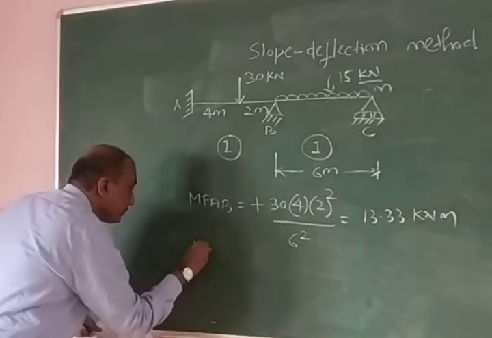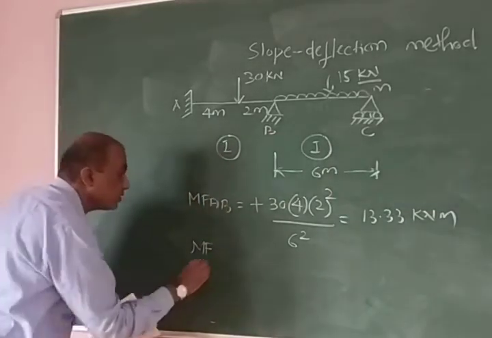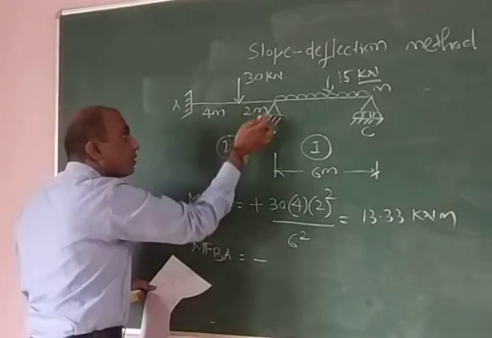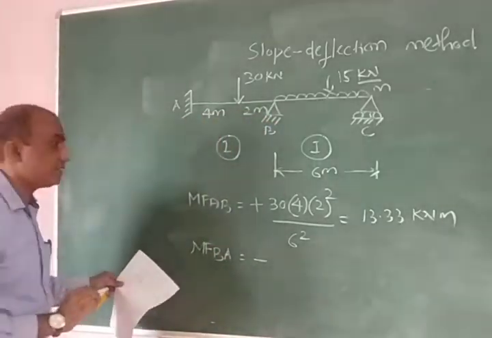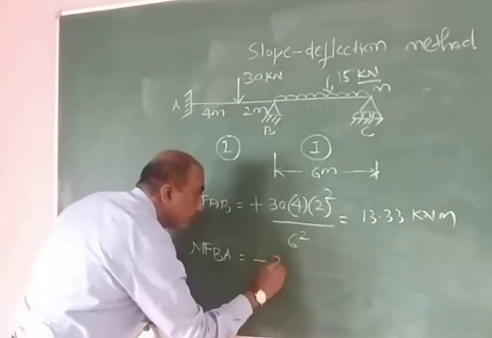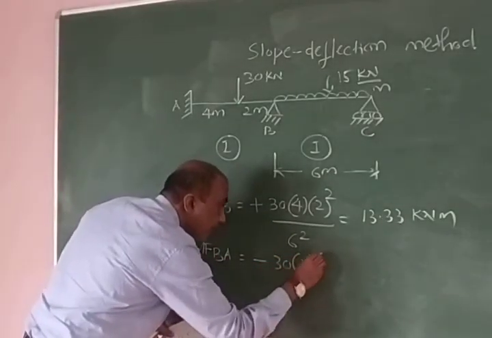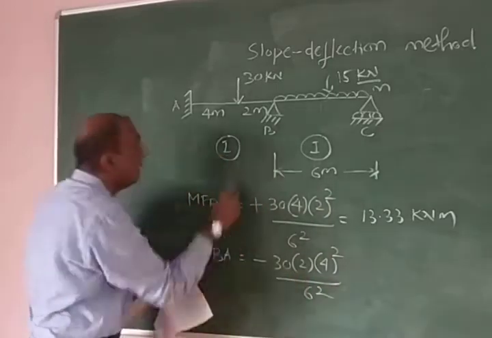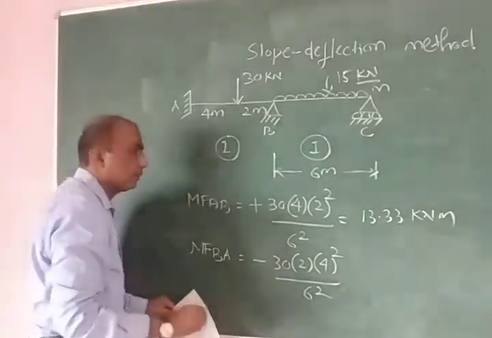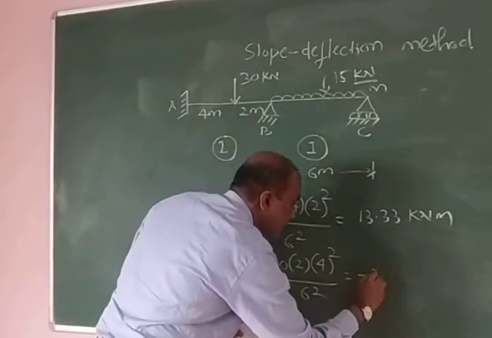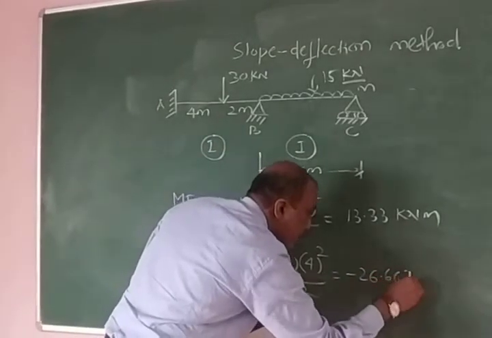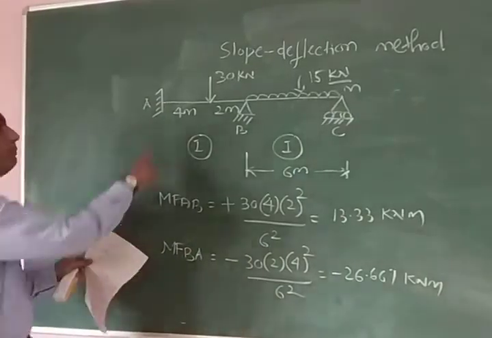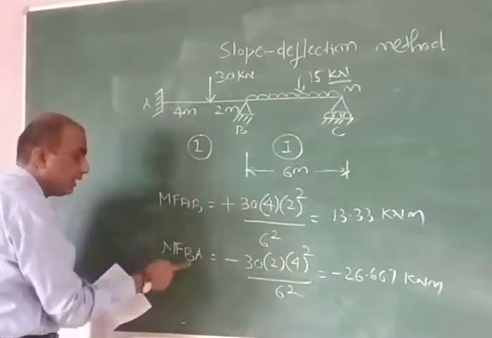Then MFBA is minus, because this is clockwise and our clockwise sign convention is negative. Minus W B A square upon L square. What is A? A is 4 meters, B is 2 meters. So this comes to minus 26.667 kilonewton meter. This is the fixed end moment for member AB, that is MFAB and MFBA.